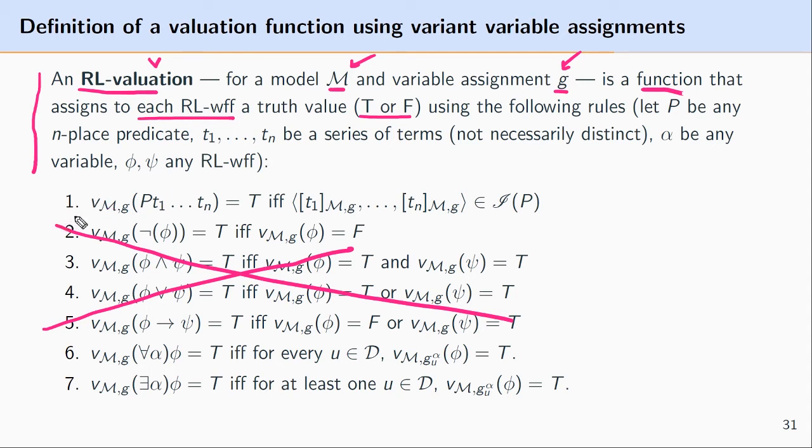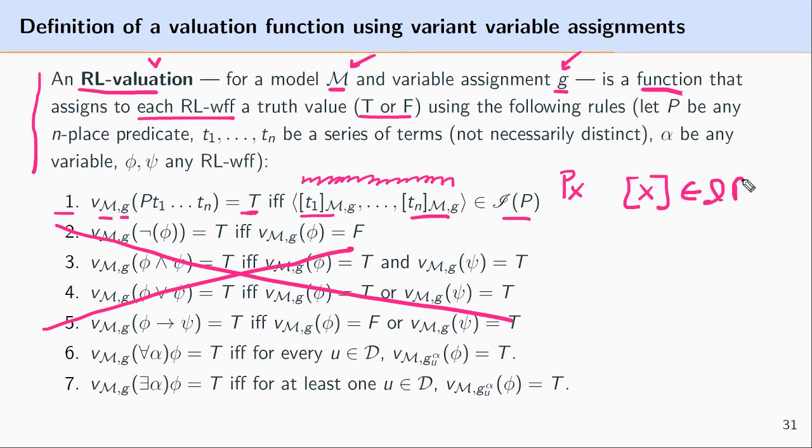The first rule is one we covered in the first video. It says that if we have an atomic well-formed formula, where P is an n-place predicate followed by n terms, then this formula is true relative to a model and a variable assignment if and only if the ordered tuple consisting of the denotations of the terms is in the interpretation of the predicate P. So if we have a formula like Px, we check to see if the denotation of x is in the interpretation of P, and if it is, then Px is true.